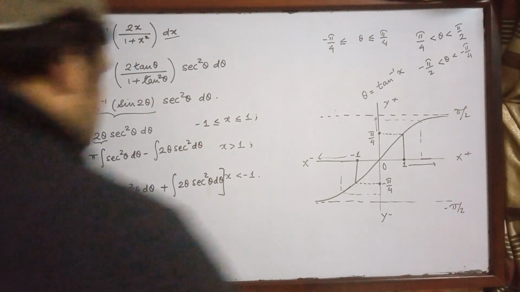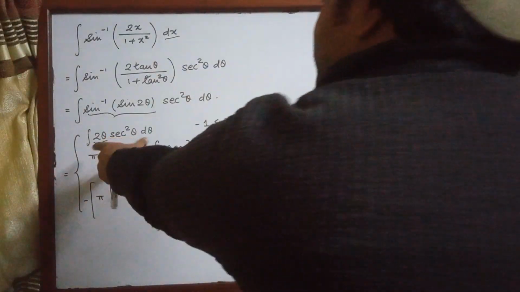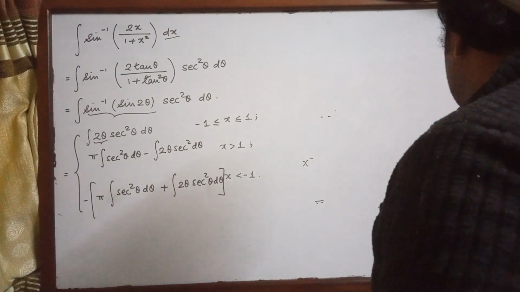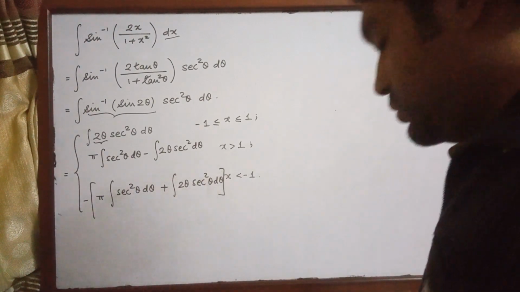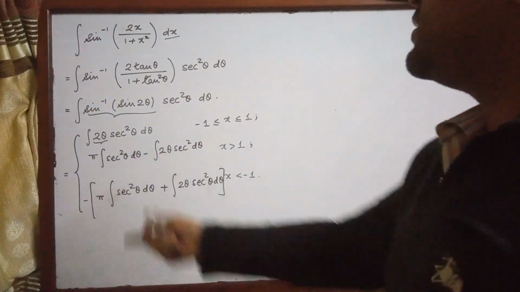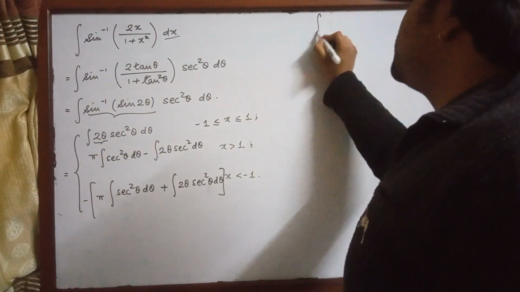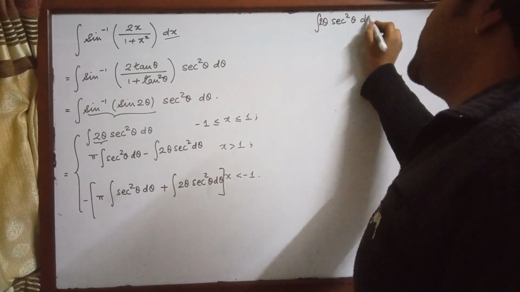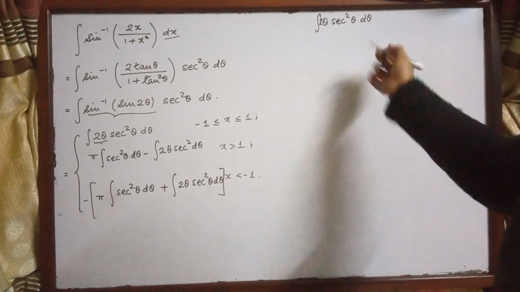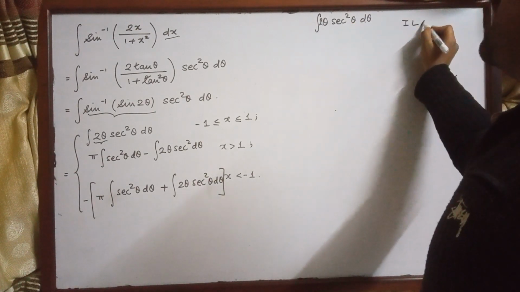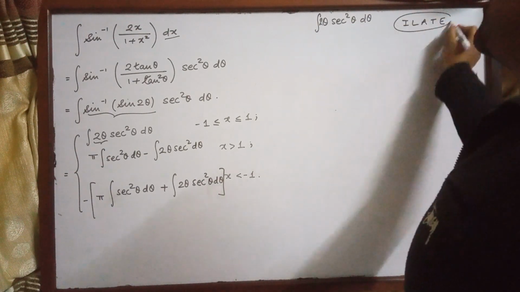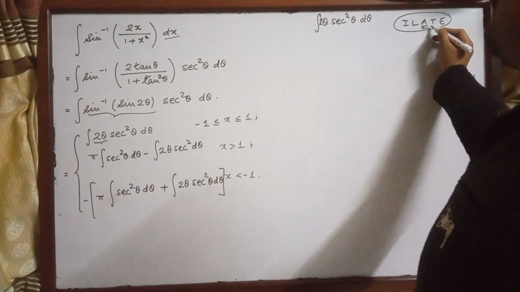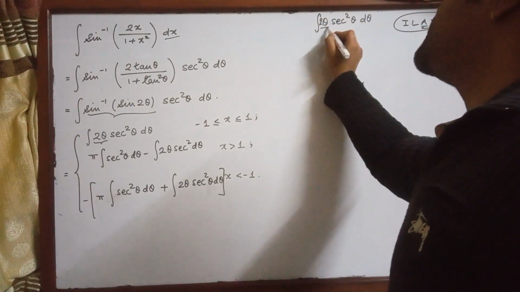Now let's integrate this thing over here. First of all, integration of twice theta sec squared theta d theta. Basic ILATE rule, as long as it is applicable. A means twice theta and T means sec squared theta.